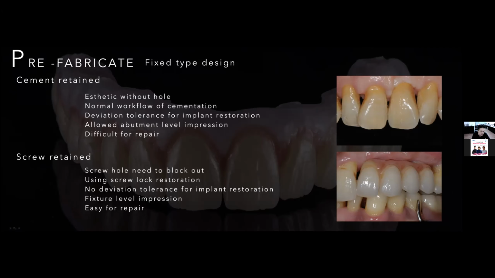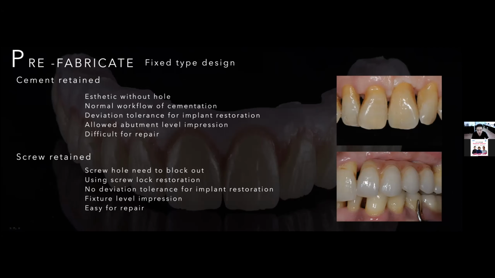It's not very perfect in contacting the fixture platform. So sometimes it's not stable or sometimes there is a gap, and that puts our restoration at risk of chipping, screw loosening, or bone loss. So this is not good.